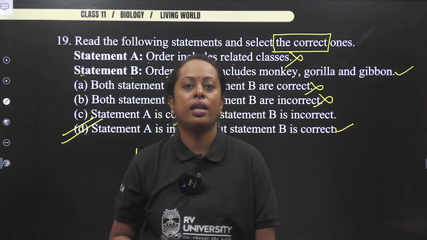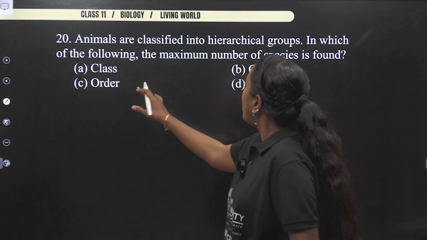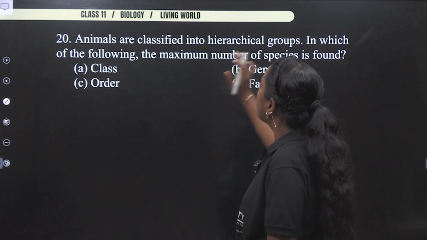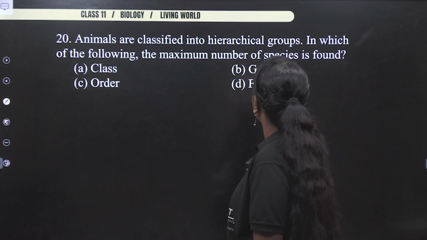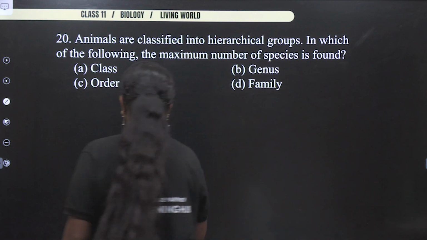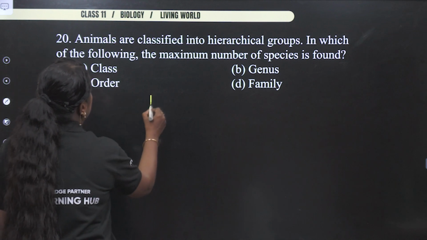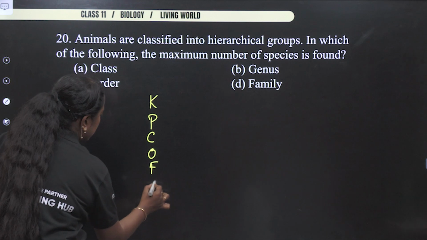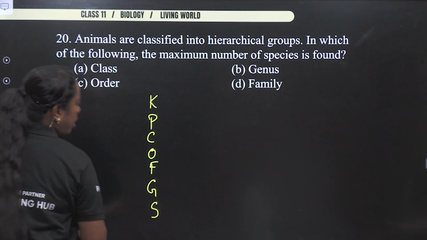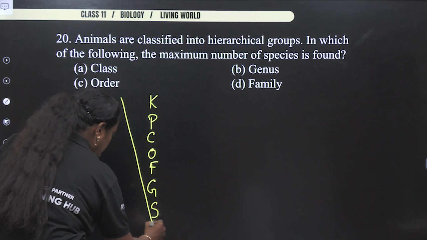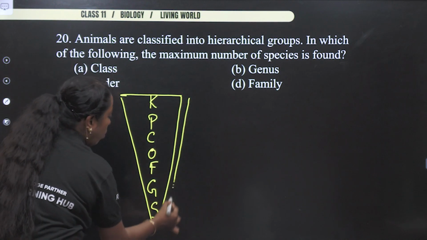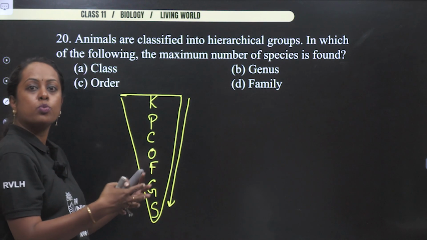Let's see what our next question is. Animals are classified into hierarchical groups, in which of the following are the maximum number of species found? So again, let us see. I will just put a pyramid-like structure like this. As you go downwards, the characters become more common.